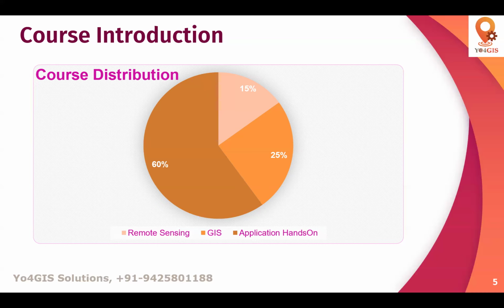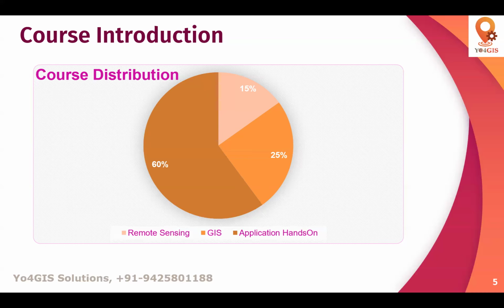So in this part, you will understand from where we are getting the images, what is image processing, what is remote sensing, what are the main components of remote sensing and all. After that, most of the part is going to be covered by GIS. So in this part, you will understand what is GIS, what are the main components of GIS, and on top of all these things, where basically we can use GIS.